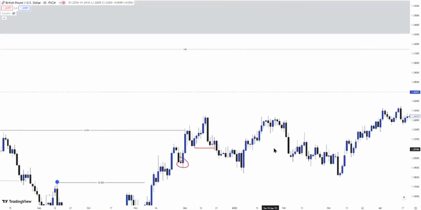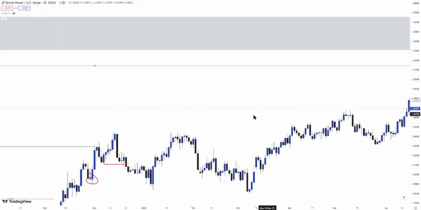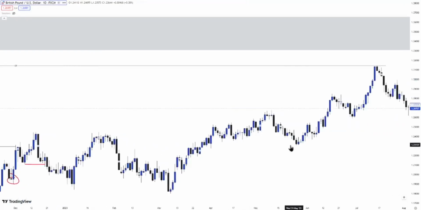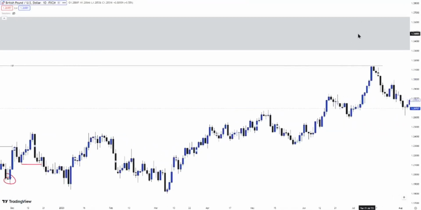But in this case, after taking out inducement, it tapped on an OB and moved higher. When it moved higher, you are supposed to be taking advantage to take the trade higher to this monthly decisional OB. This is our first POI on the monthly time frame, which is known as decisional OB. If this POI fails, then we go to the extreme OB.